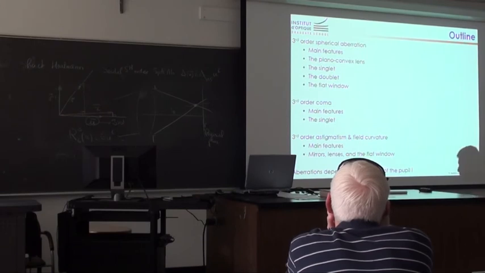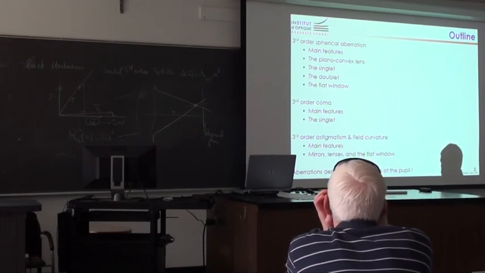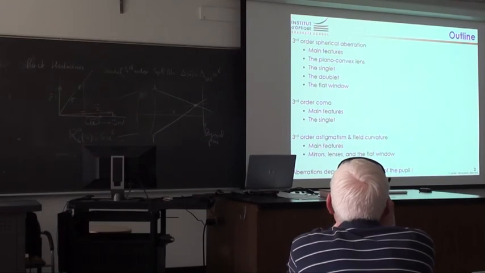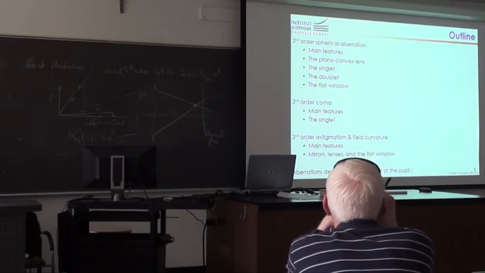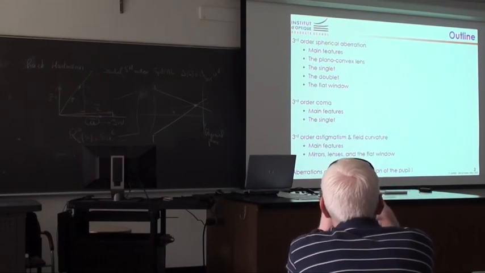And each time, especially for the spherical aberration, my question will be, how can I improve the system from a basic system to a more complicated system so that I can kill this aberration?